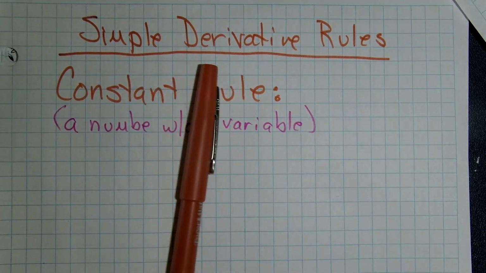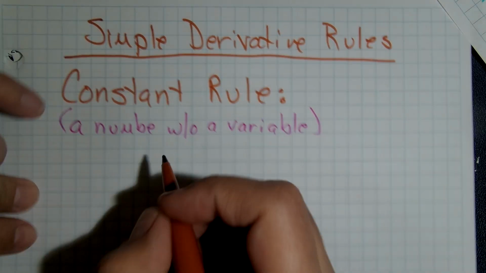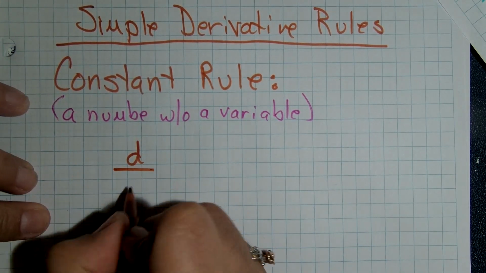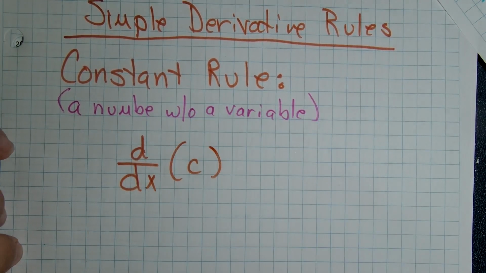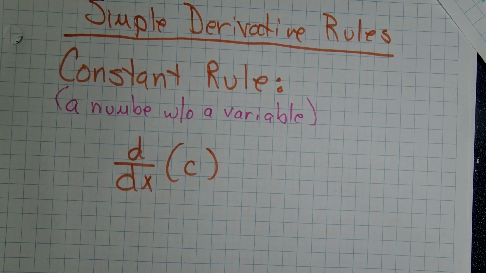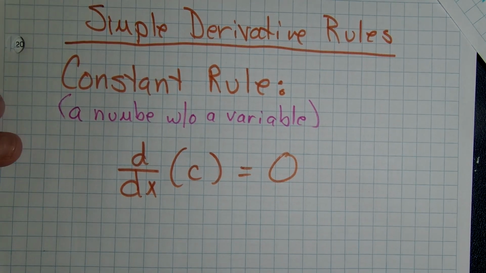Okay, if I have to find the derivative of some constant, it doesn't matter if it's positive, negative, fraction, radical. As long as it is a constant, the derivative will always be 0.